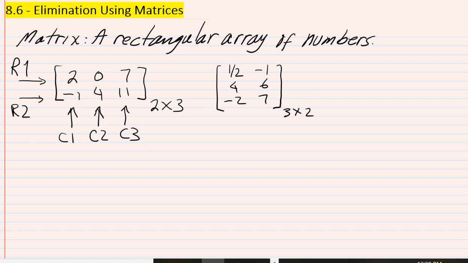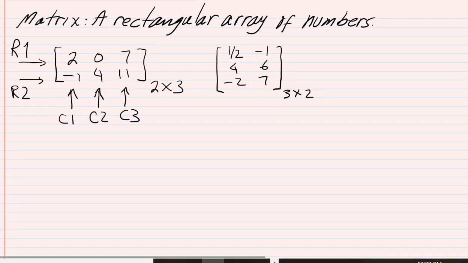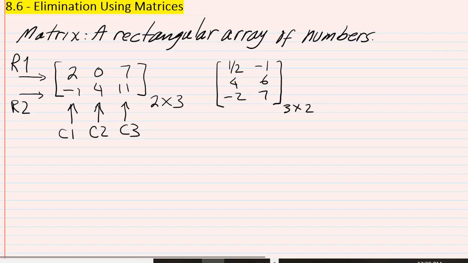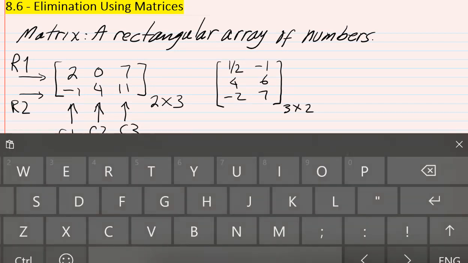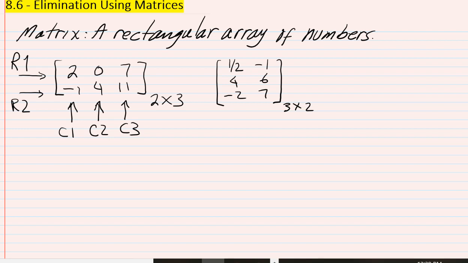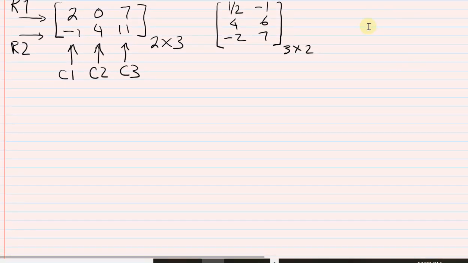In this section, we're not going to go too deep into the matrix method or operations with matrices. We just want to illustrate the idea of solving a system by matrix. So let's see how we can actually write a system in matrix form.